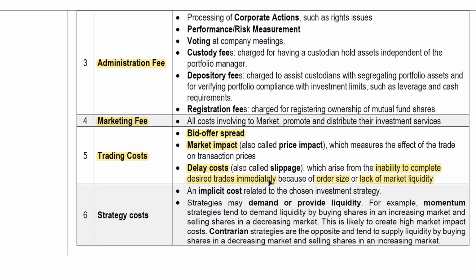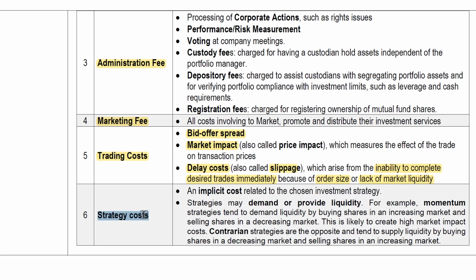Maybe because this order is too small or the order is too big. If it's too big, there's not enough buyers. If you want to sell a big order, that's the reason you can have a delay cost. Once you get a delay cost and the market situation changes, then you may not get the price you want. This we call slippage.